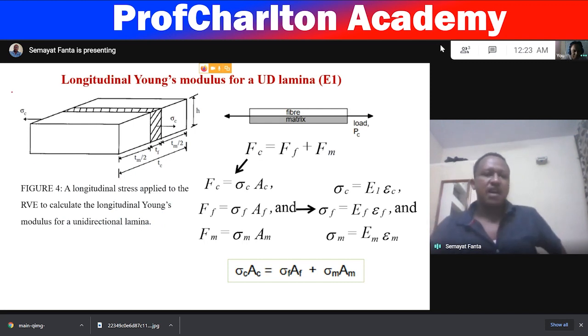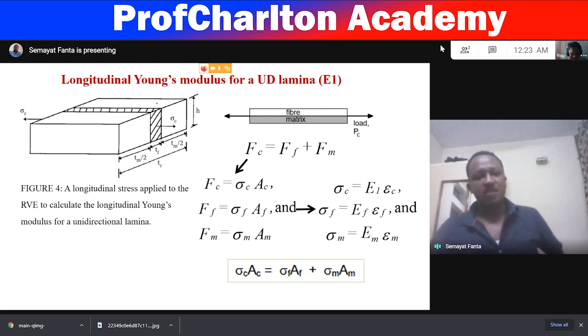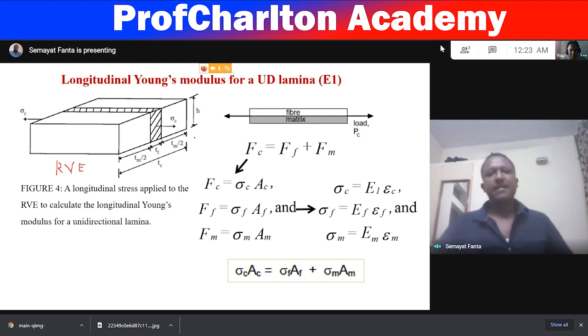So this is our RVE. As we have taken it from the total lamina, we cut from the lamina and got a small RVE. So this is our RVE that we took from the previous picture. This RVE is subjected to axial load.